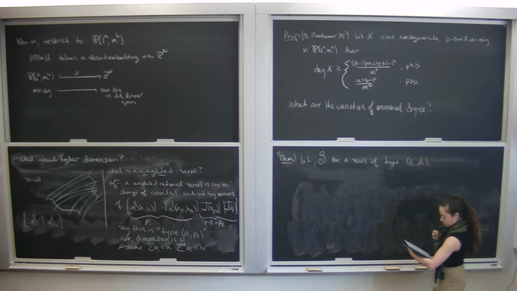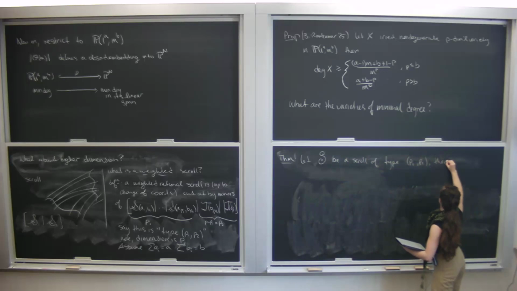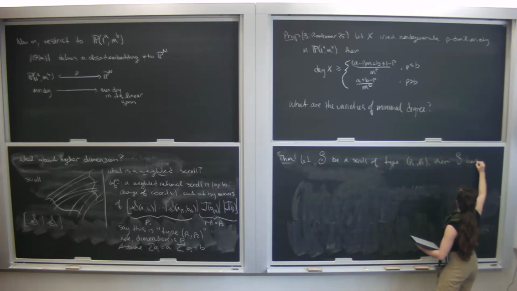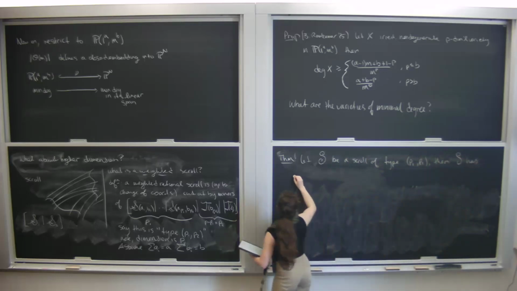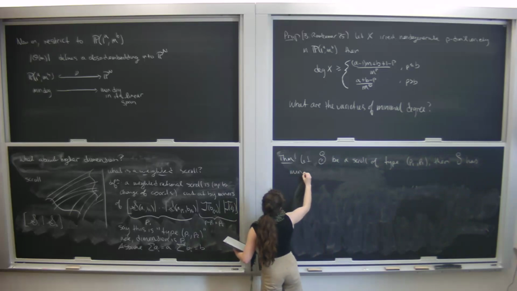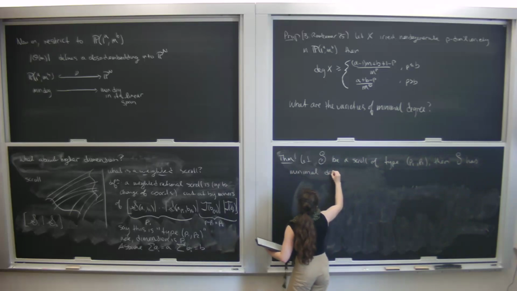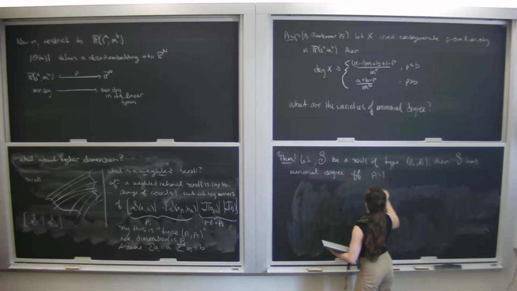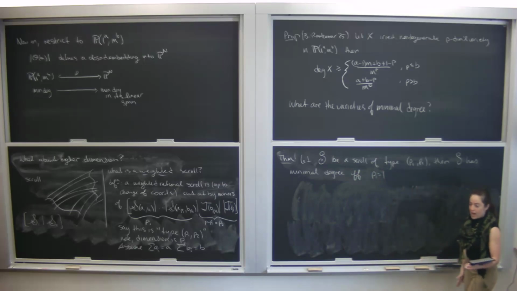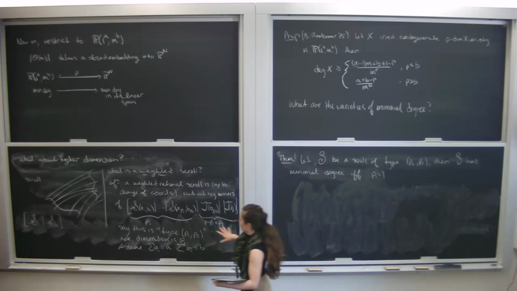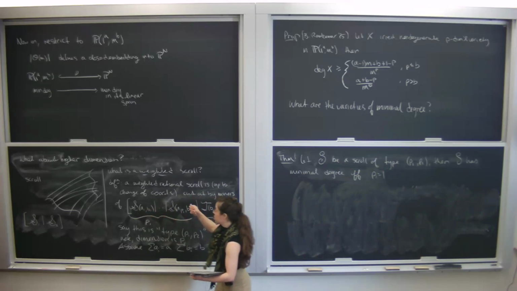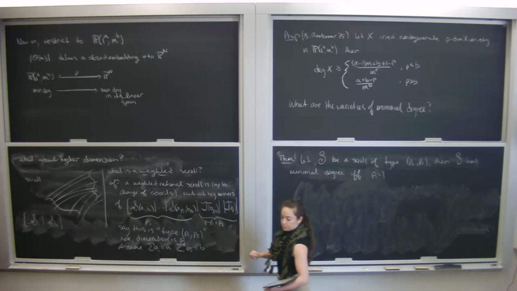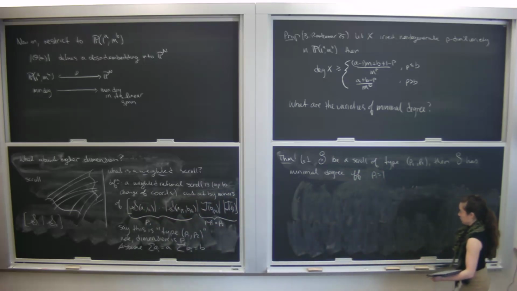Then S has minimal degree if and only if P1 is 1. So up to change of coordinates, I have to be able to put all of my x's into one block in order to have minimal degree.